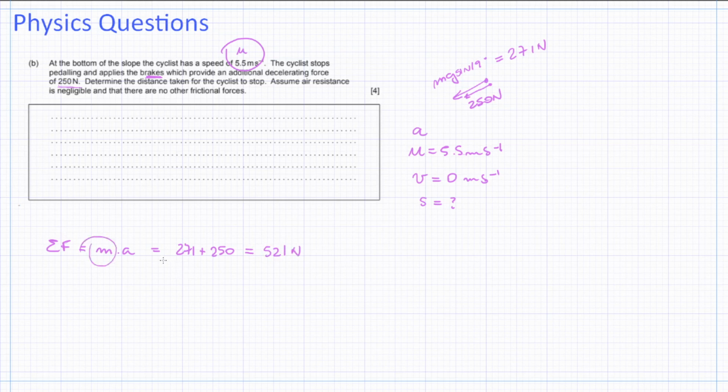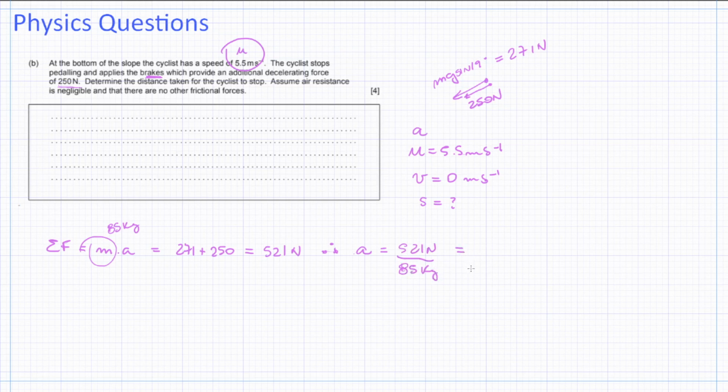However, I know the mass of my cyclist, which was 85 kilograms. So if I rearrange this equation, the acceleration will be the resultant force divided by that mass. So I can just take 521 newtons and divide by 85 kilograms.